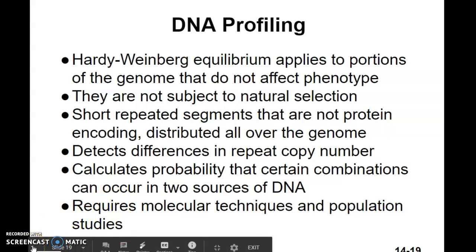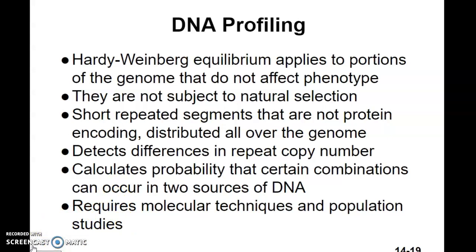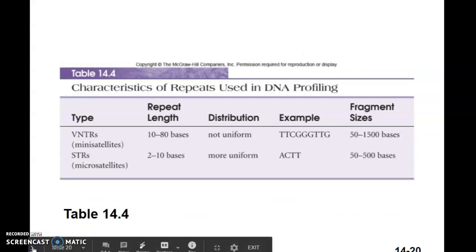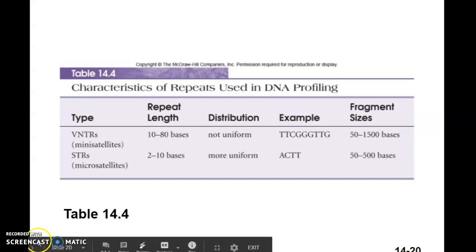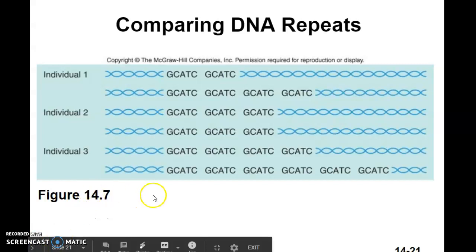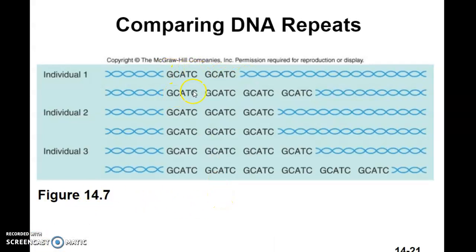We can actually calculate the probability of having these genetic combinations in your junk DNA, and that's how we do DNA profiling. We're looking at these small repeated samples of your DNA. When we look at individuals, we can see how many copies of certain genes they have, depending upon how they look on gel electrophoresis.